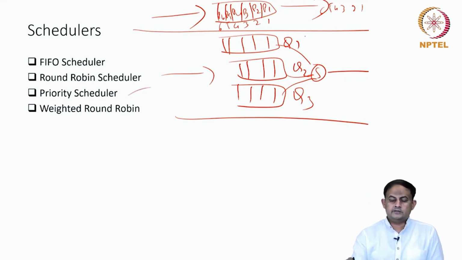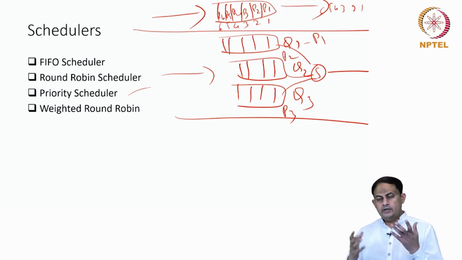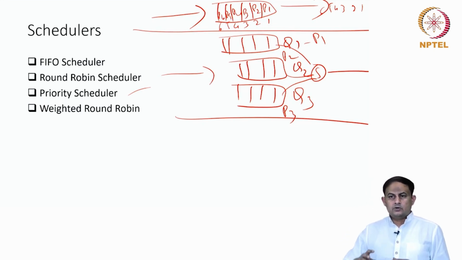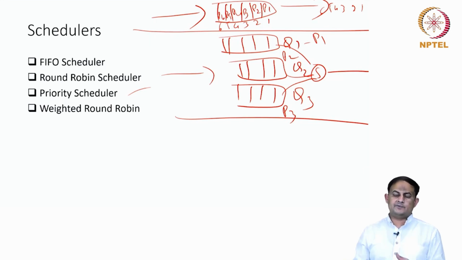That is where the priority scheduler comes in. What it does is it assigns a priority to each of these queues, P1, P2 and P3. I might tell my scheduler that P1 has got the highest priority, the next highest priority is P2's, and the next one is P3. So, the scheduler would always pick up the packets from the P1 highest priority queue.